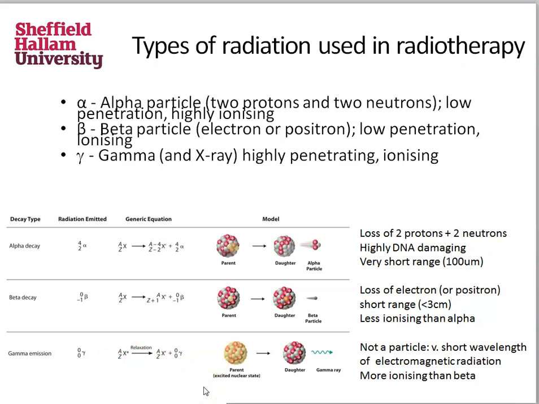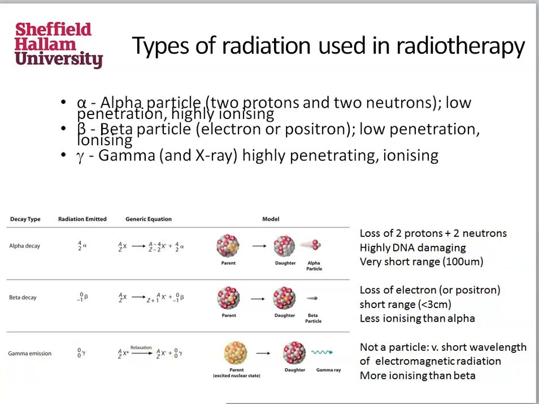But in other applications, such as stereotactic radiosurgery, we do rely upon radioactive decay of cobalt-60 that gives out gamma, and then we focus multiple cobalt-60 sources to a specific point within the tumour.